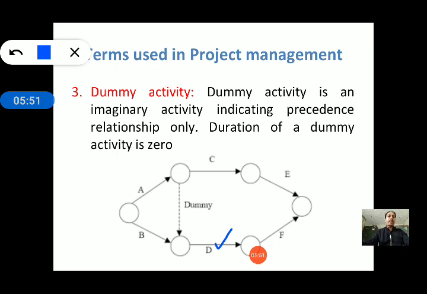To fulfill this, we have to join activities A and B, but in our network diagram there is no connection between them. So we have to join A and B through a dummy activity, which is represented by a dotted line. Keep in mind, the duration of a dummy activity is 0.